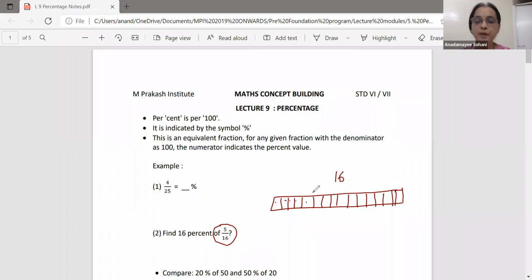So this is my 5 upon 16. And I'm making this part into 100 parts. Remember that. See how I'm doing. 5 upon 16 is this much of my whole. Of that, I'm making 100 parts, and of that, I'm taking 16 parts.